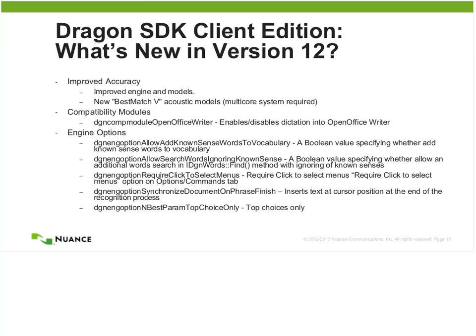Then we added a new option through the SDK. You're now able to enable or disable the required click to select menus, which is an option in the Dragon desktop product.